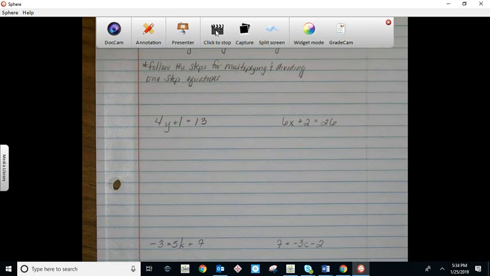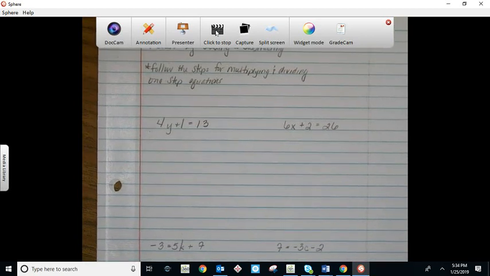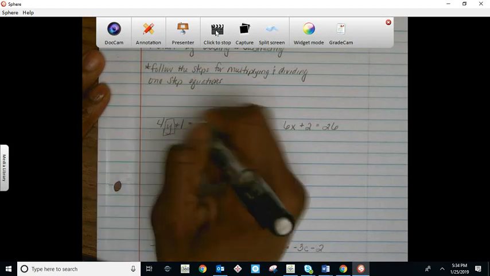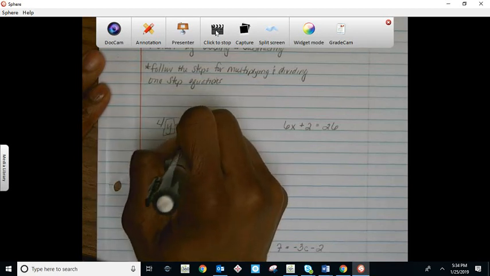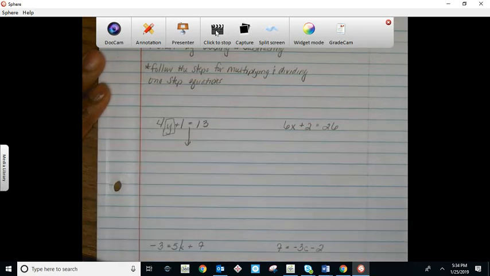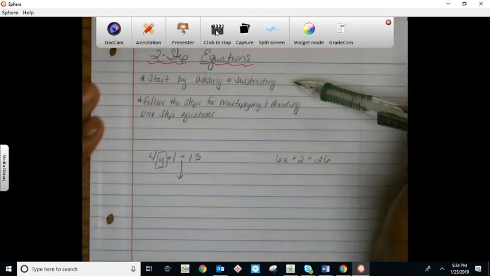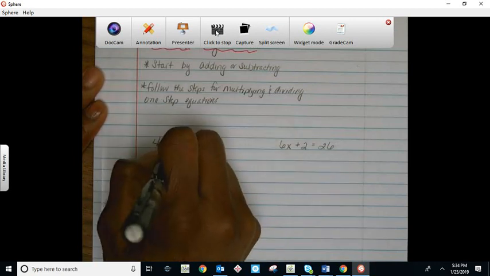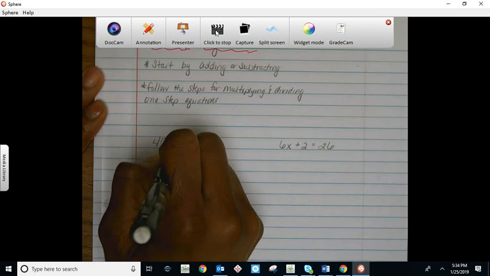So this first one is 4y plus 1 equals 13. We're still going to do just like we did before. Here's my variable. Let me create my two sides. Remember, we want to start by adding or subtracting. So this is 4y plus 1. Let me get rid of this because I'm still trying to get my variable by itself.